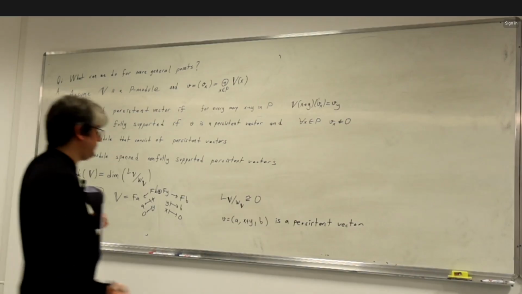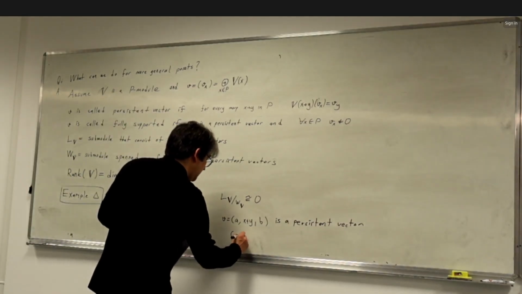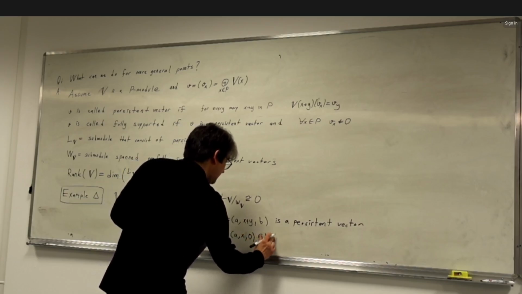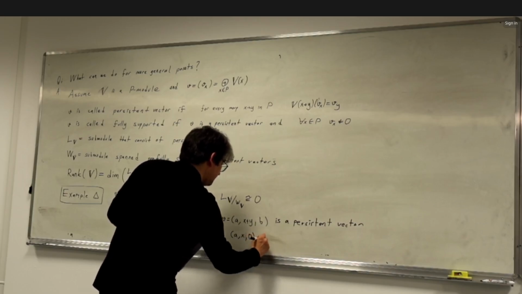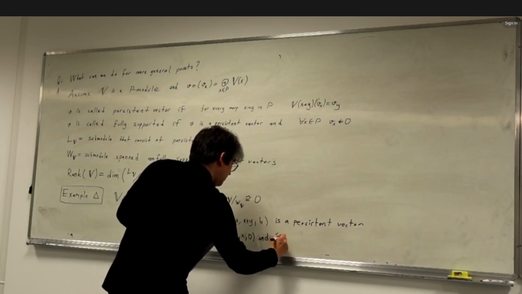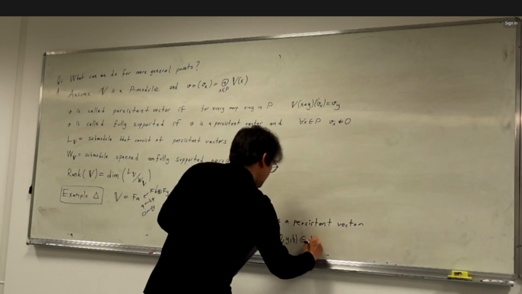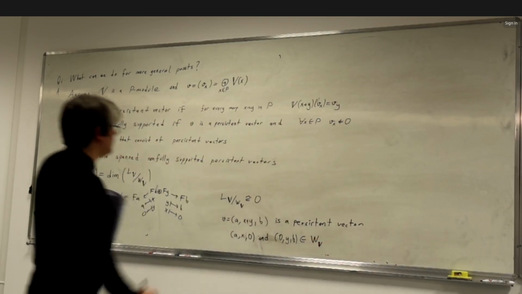But it is equal to 0 because here a_x0 and 0_yb are elements in this non-fully supported persistent vector.